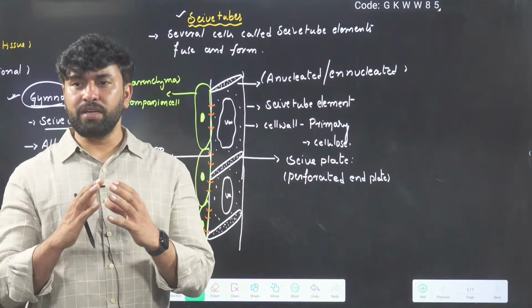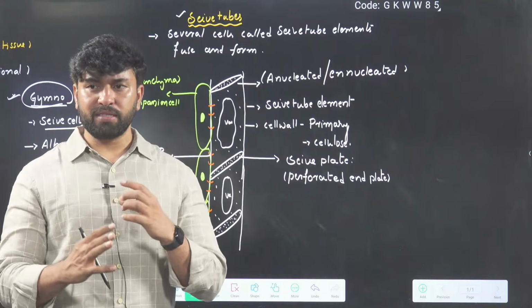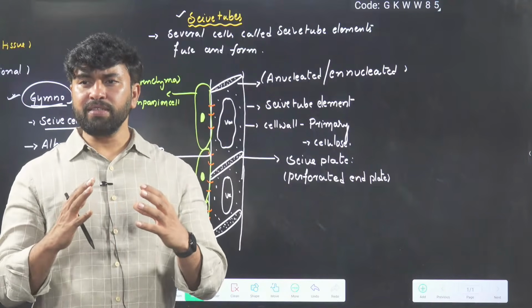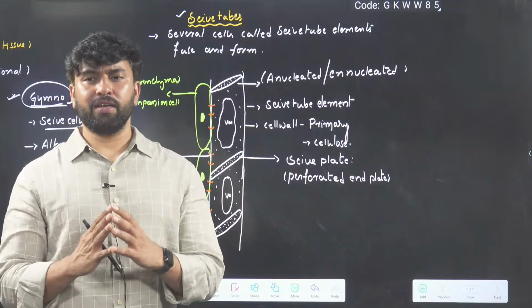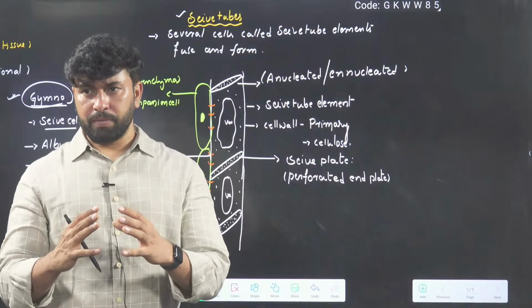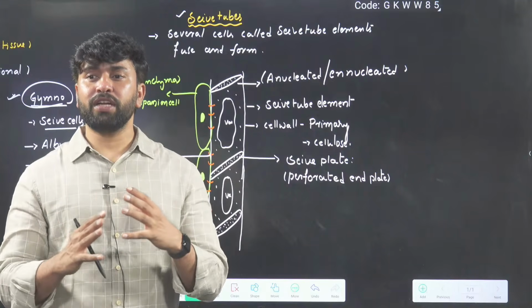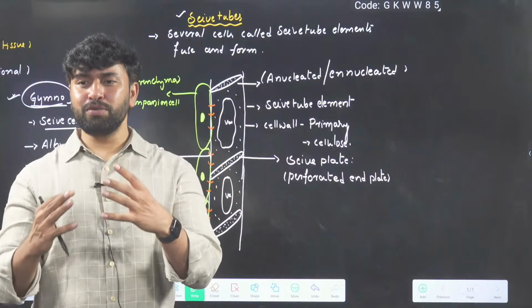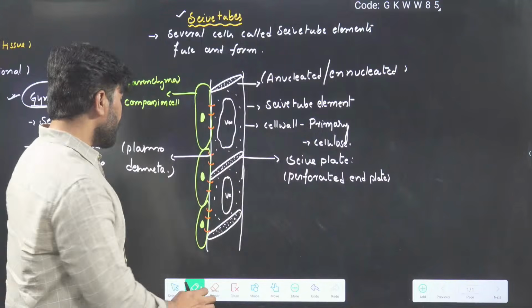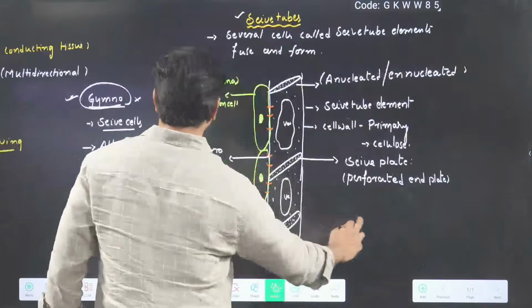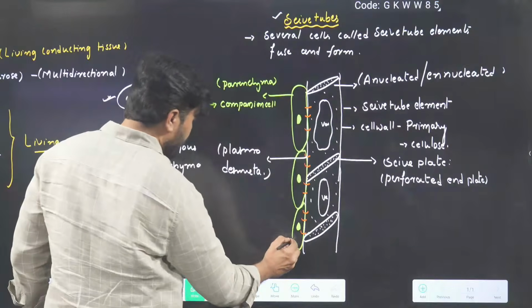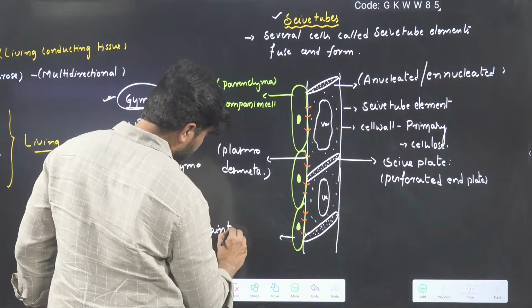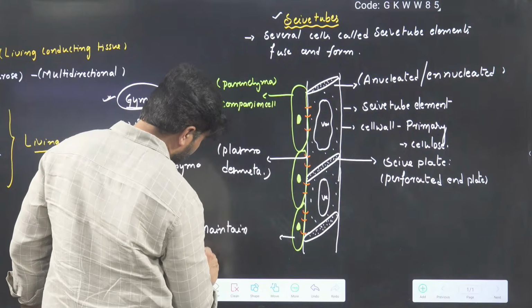That connection is developed due to plasmodesmata. With the help of plasmodesmata, any substance required for the sieve tube to work would be generated by companion cells and given to sieve tubes. That's the reason why we often say companion cells help in maintaining the pressure gradient.